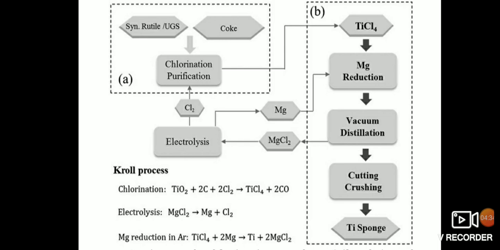During carbochlorination, carbon and chlorine are used to react with titanium oxide to produce titanium tetrachloride and carbon monoxide and CO2 between 1073 and 1175 Kelvin.